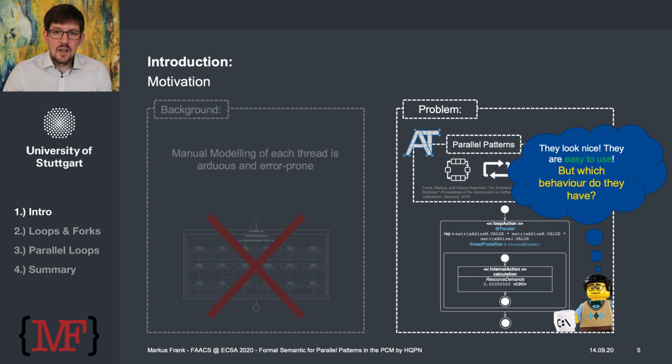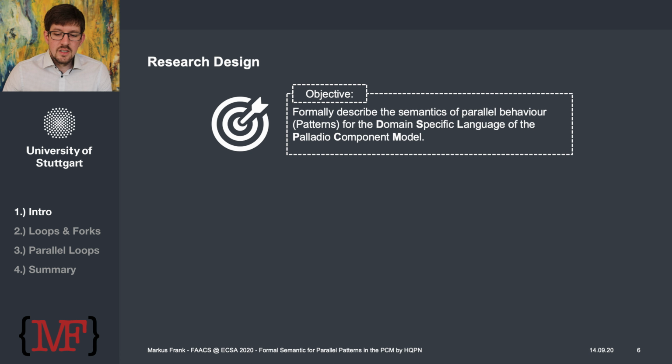When we showed that to other performance engineers, they liked the simplicity of the approach, but were confused how the underlying behavior is specified, which is important to correctly model the software and to use it for testing as well. Therefore, in this work, we formally describe the behavior of parallel patterns for the domain-specific language of the Palladio component model.